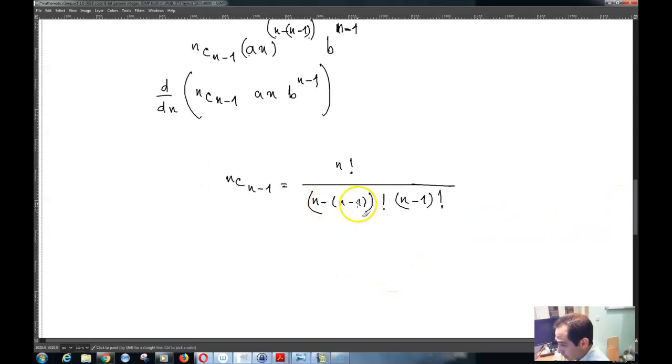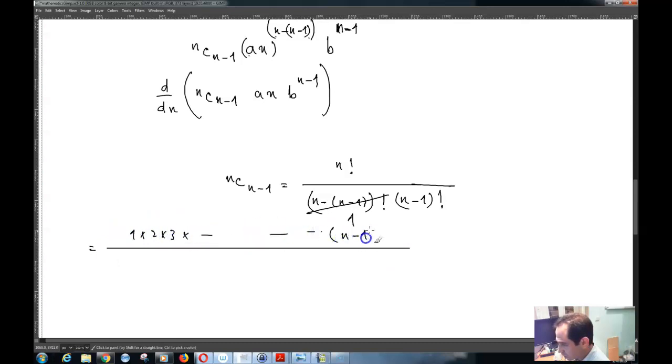Again, n minus n plus 1 is equal to 1, so this is just 1 factorial, which is 1. So it's simply n factorial over n minus 1 factorial, which is basically 1 times 2 times 3 all the way up to n minus 1 times n, over 1 times 2 times 3 all the way up to n minus 1.